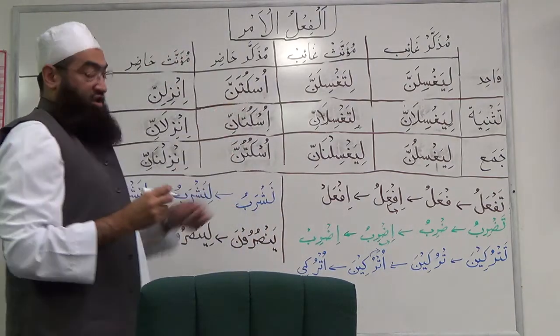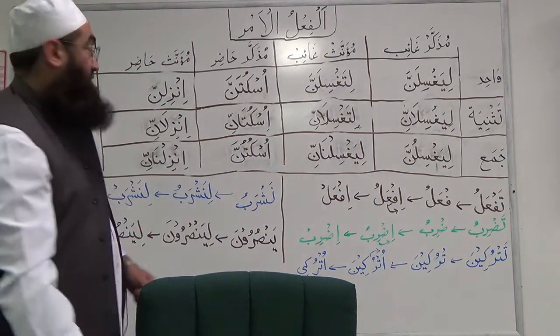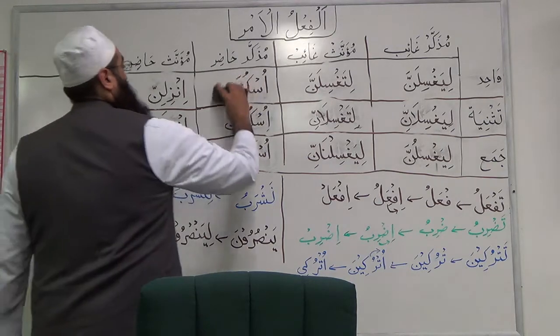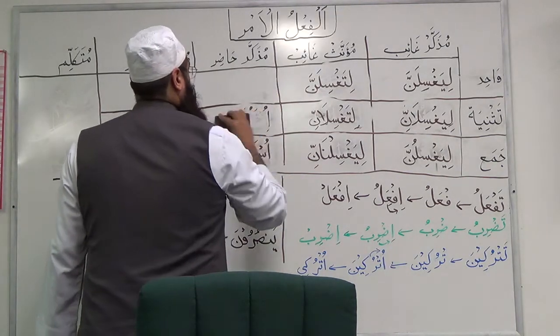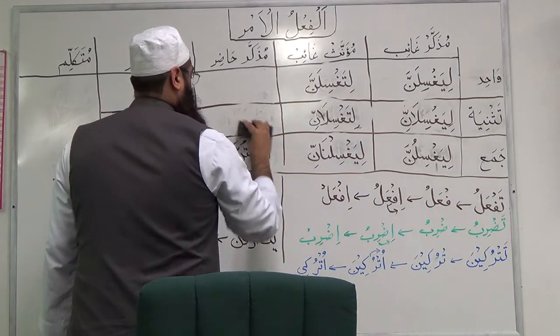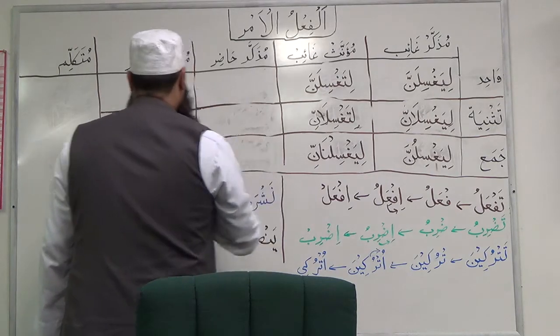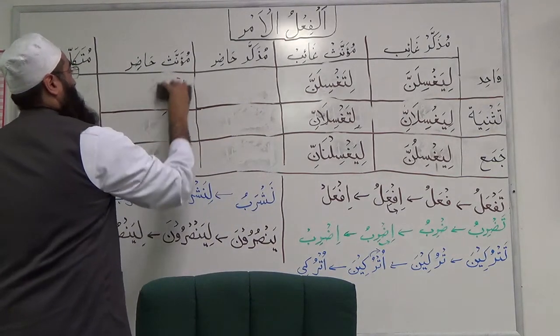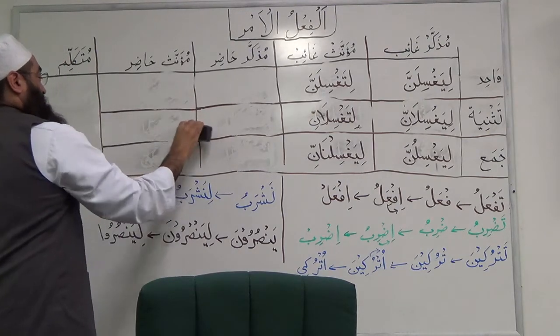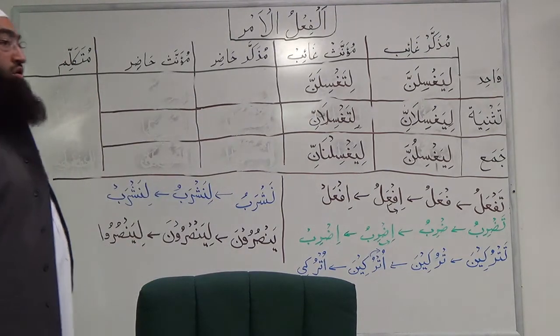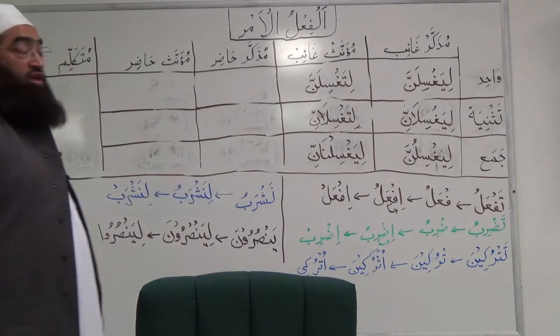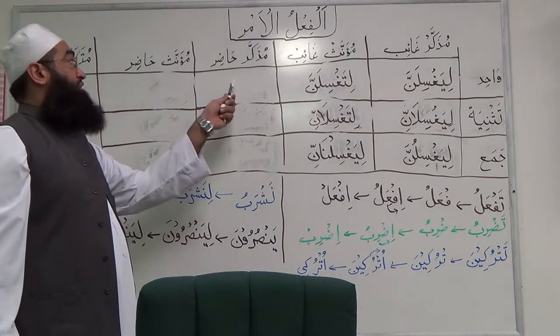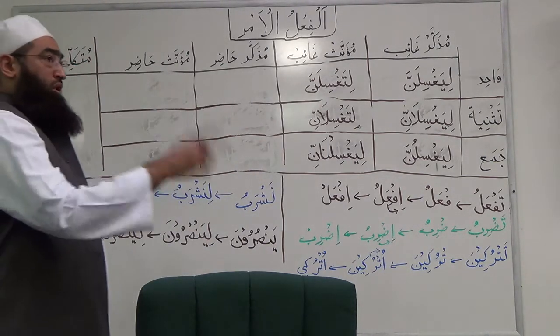Alright, over here, let's go with the ghasala yaghsilu. This is a good word to know, to wash. Let's keep going with it. So what will come here for Noon Thaqila? Amr, Hadir, Thaqila. You must wash your hands.